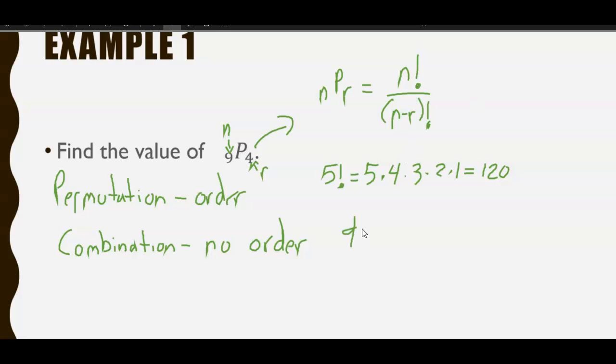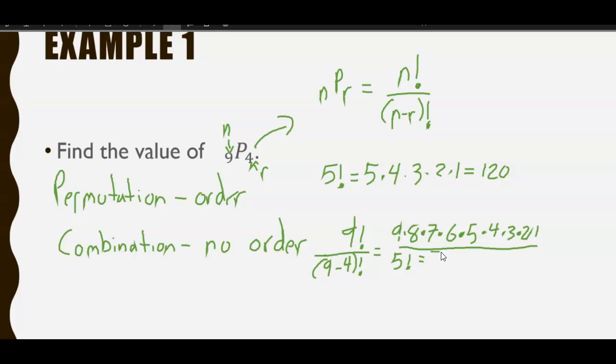So we have 9 factorial over 9 minus 4 factorial. 9 factorial, still 9 factorial, so that's 9 times 8 times 7 times 6 times 5 times 4 times 3 times 2 times 1 over 9 minus 4, which is 5 factorial, which is equal to 5 times 4 times 3 times 2 times 1.